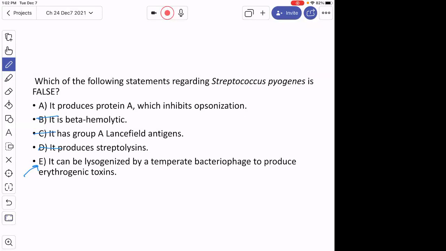So if that organism is infected by a virus, it can actually change its phenotype and be able to produce an erythrogenic toxin. So there are strains of strep pyogenes that cause this red rash. All right, so the one that is not true is A, that's actually Staph aureus, which we talked about, that can make protein A.